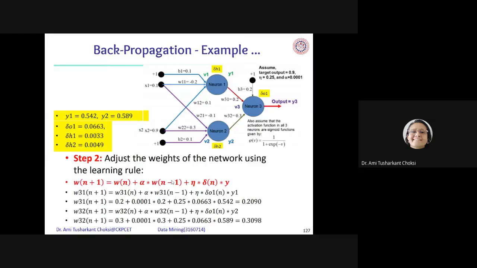Now, adjust the weights of the network using the learning rule. What is the learning rule? We have already seen: W(n+1) equals W(n), the current weight, plus alpha multiplied by W(n-1), the previous one, plus eta into delta n multiplied by y.